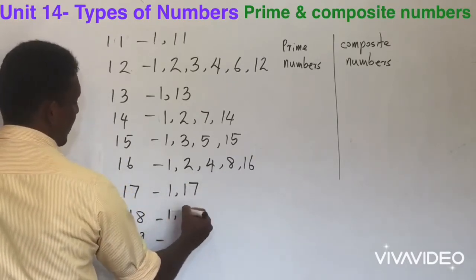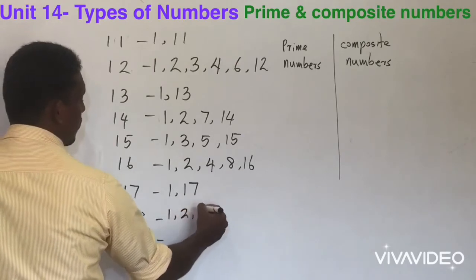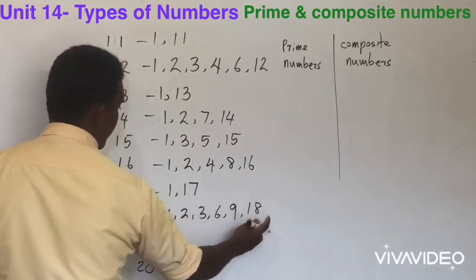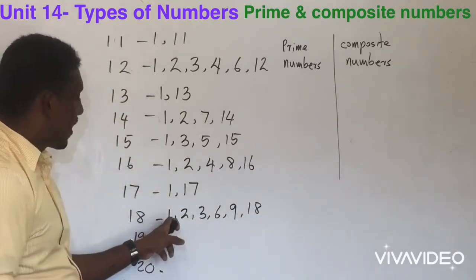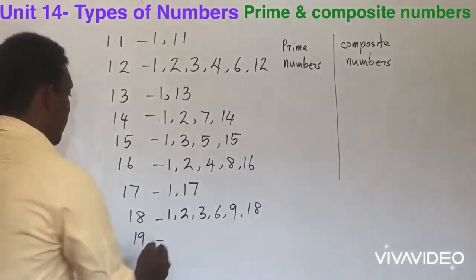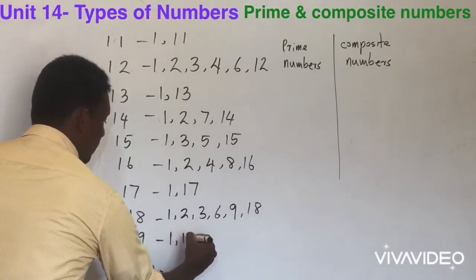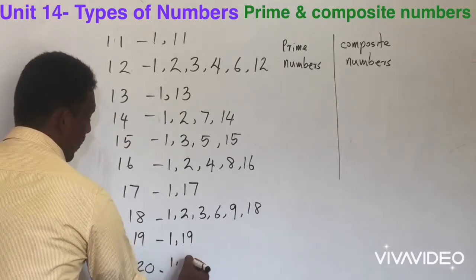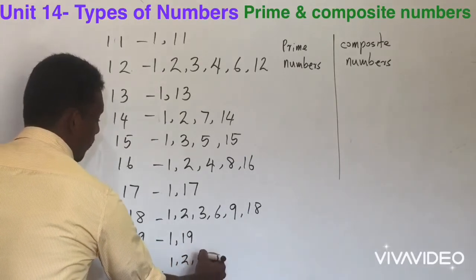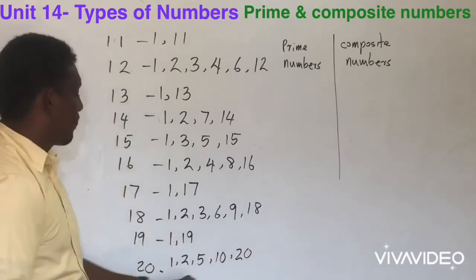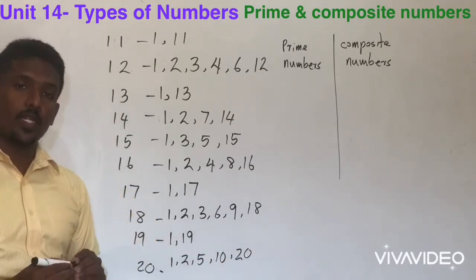Then 18, it's divisible by 1, 2, 3, 6, 9, and finally by 18. Then 19, it's divisible by only 1 and 19. Then 20 finally, it's divisible by 1, then 2, 5, 10, and 20. These are the factors of 20, right?